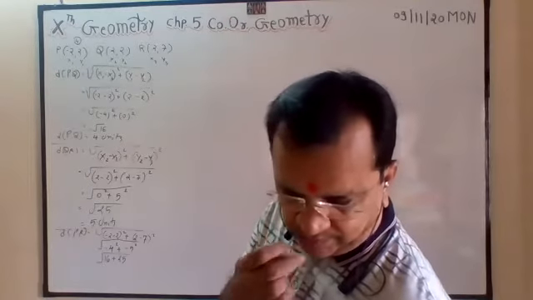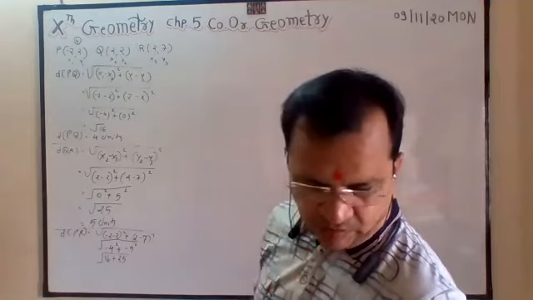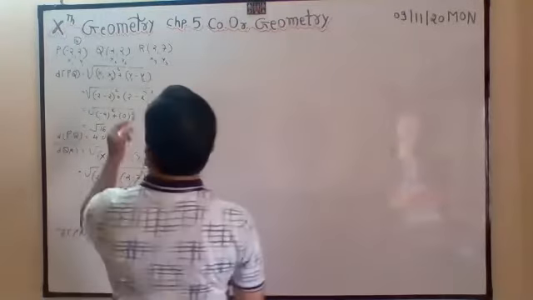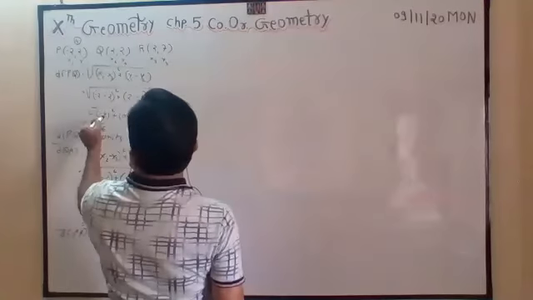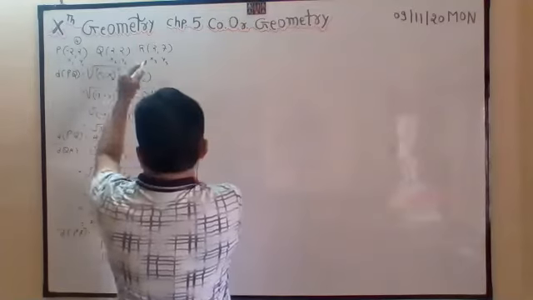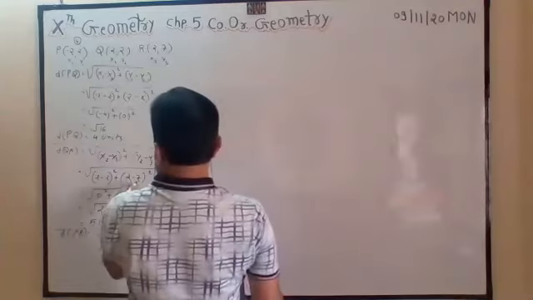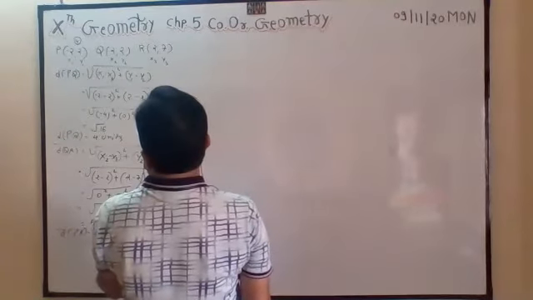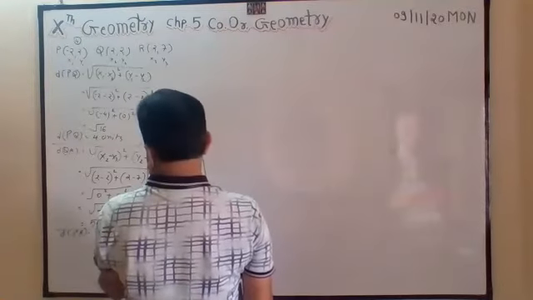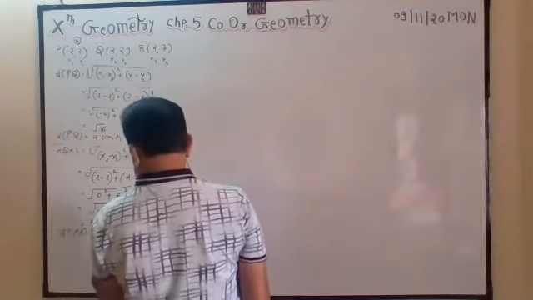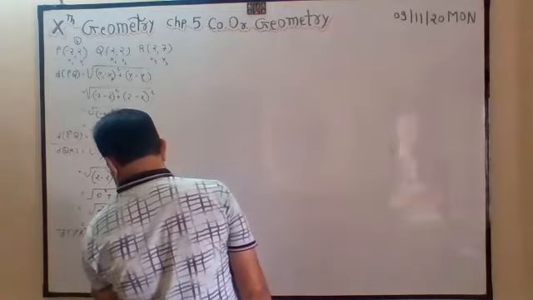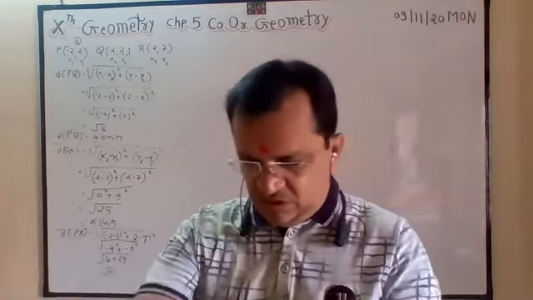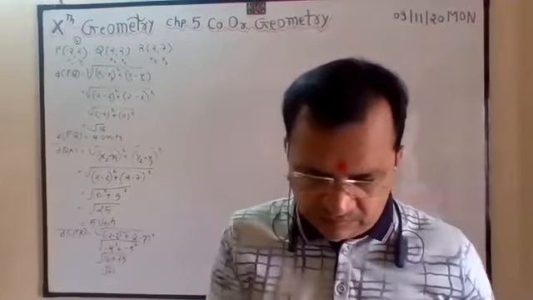Check. You have to verify. Something went wrong. This minus this, this minus this 0. PQ, QR, RP. What is C? 5.1 fourth question.